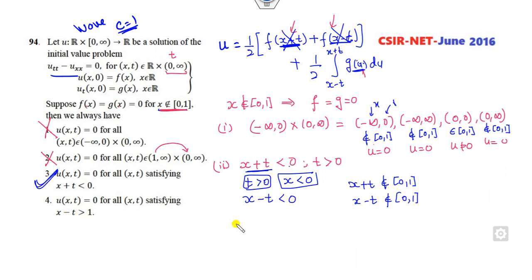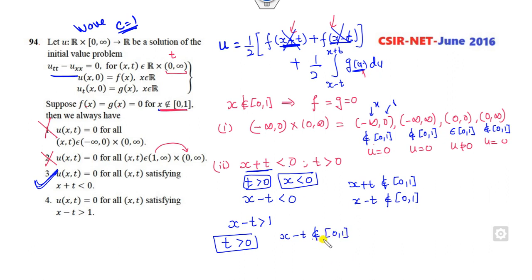Look at the next case. x minus t is greater than 1. So t will be greater than 0. It is given to you that t is greater than 0. So once t is greater than 0, what will be the condition of x? What is x minus t? First of all, x is greater than 1. It means it does not belong to [0, 1]. Fine.